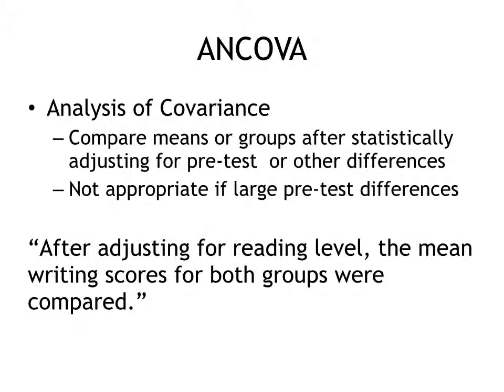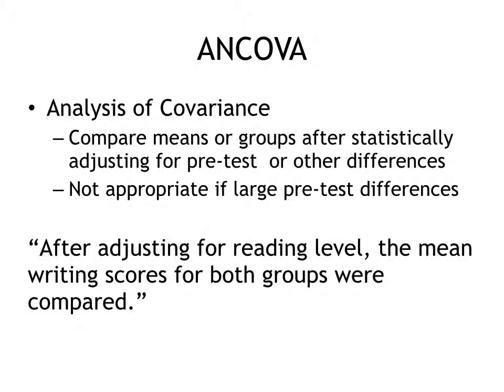So for example, if I'm trying to look at the writing scores for two different groups, maybe I did some kind of intervention. We'll go back to that annotating informational text example. And I now want to see if there's a difference between these two groups. Well, I know from research that a student's reading level affects how well they write. There's a real strong relationship there between a student's reading level and their writing skills and ability.